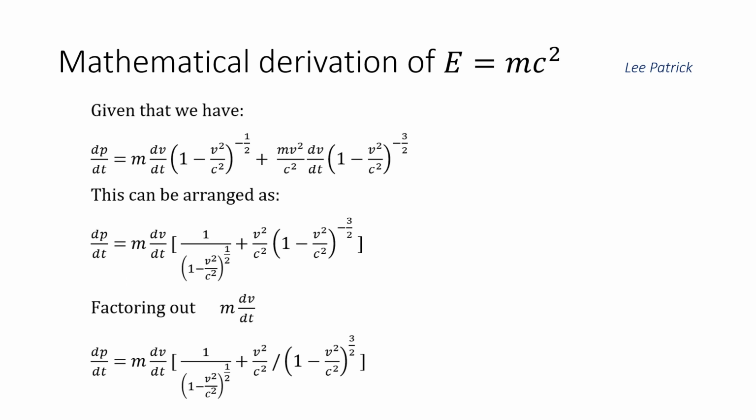We then rearrange our expression and factor out m dv by dt to obtain dp by dt equals m dv by dt multiplied by 1 over (1 minus v squared over c squared) to the power of a half, plus v squared over c squared over (1 minus v squared over c squared) to the power 3 over 2.